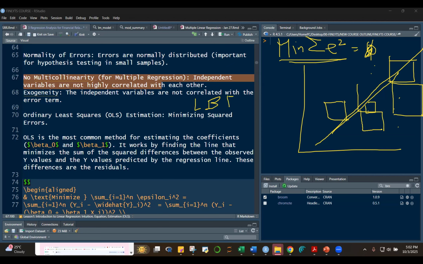It fits your data. It's also called your OLS, ordinary least squares line. L stands for least, the smallest, and squares, the smallest residual squared. So it's minimizing the squared errors.